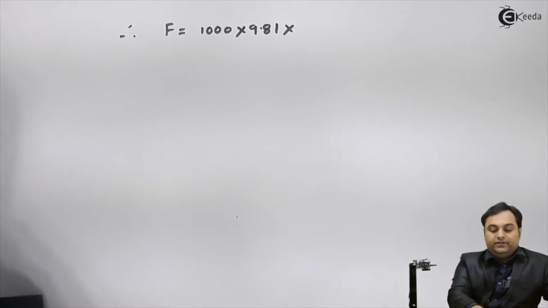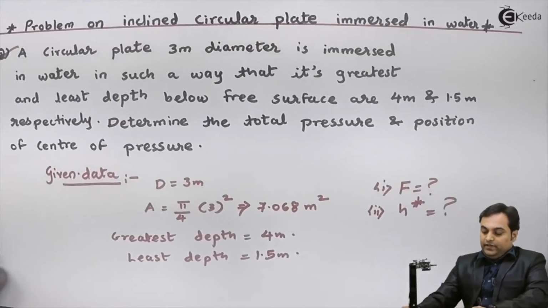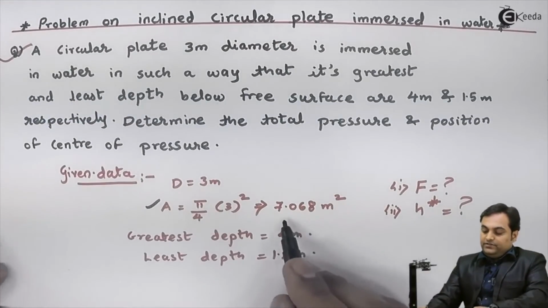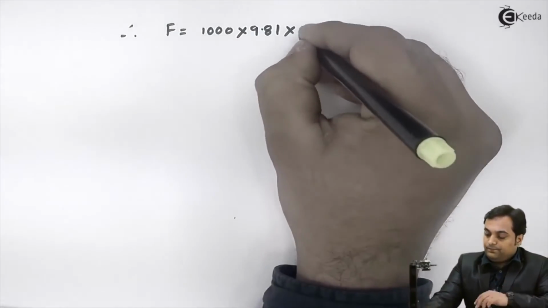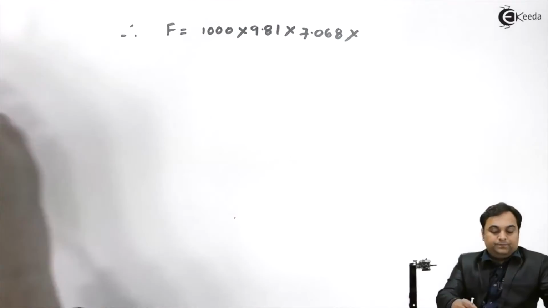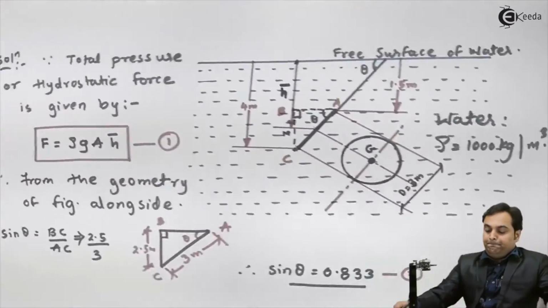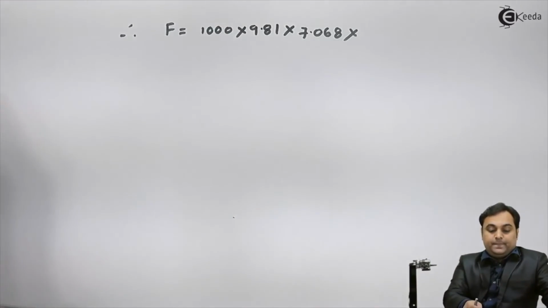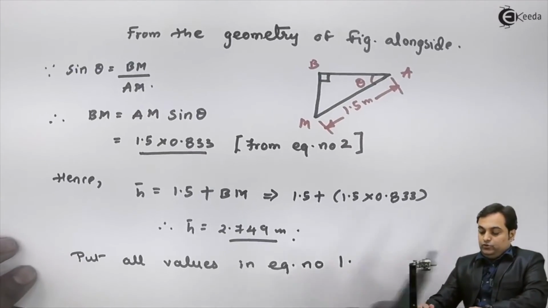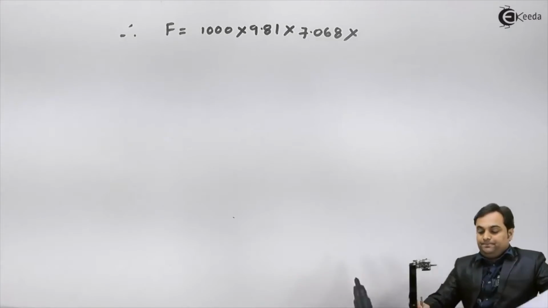We have calculated it in the data. Area is 7.068, into h bar. H bar we have just now calculated, it is 2.749 meter.